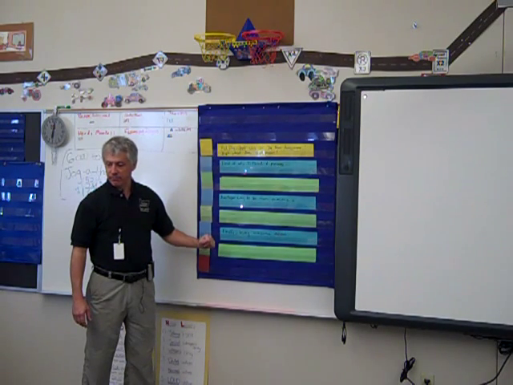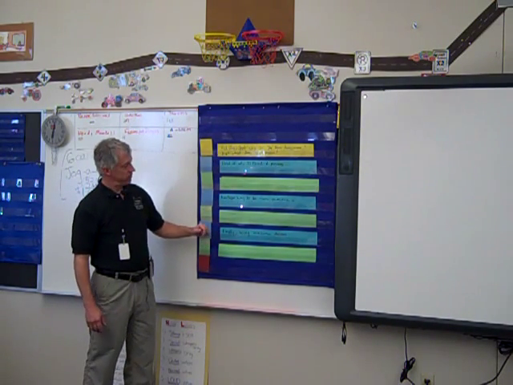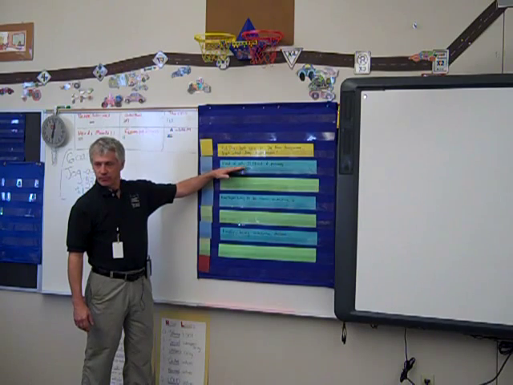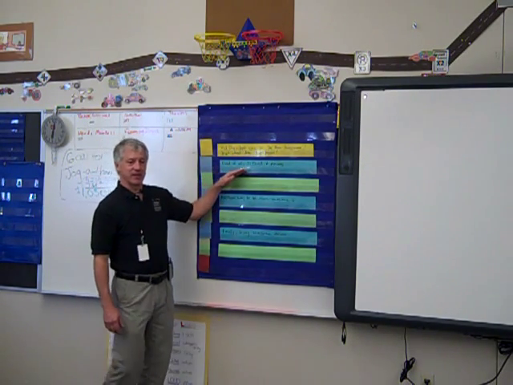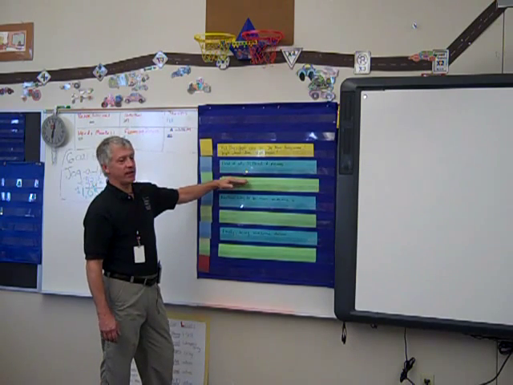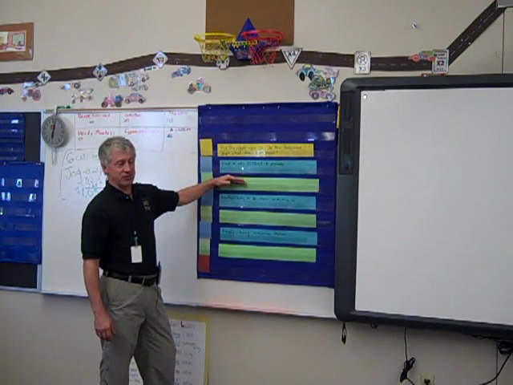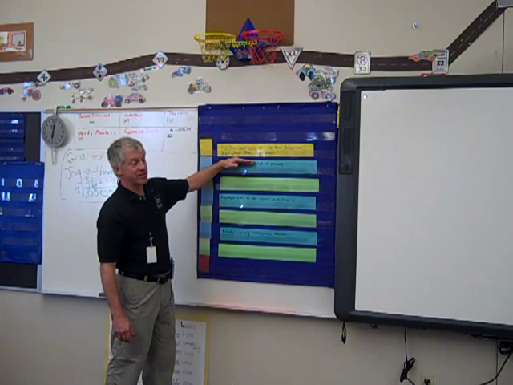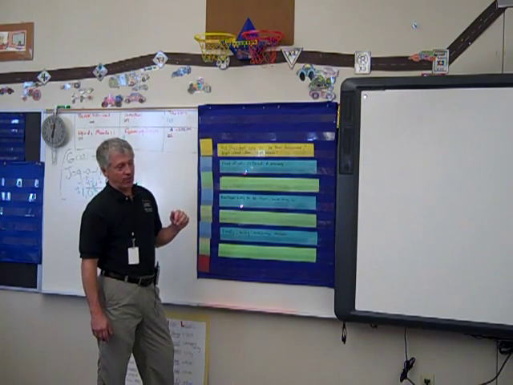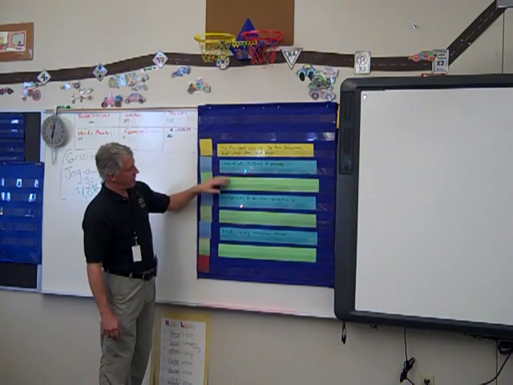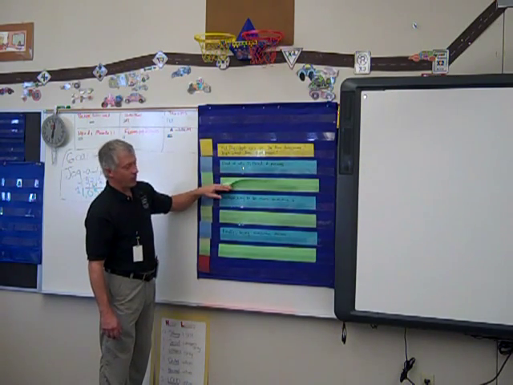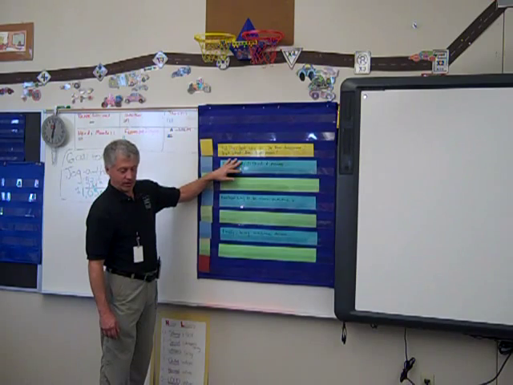What's the minimum number of detail sentences you have to have with each supporting sentence? Kira, thanks for raising your hand politely. One. The minimum is one. I'm showing it to you right here. But I'm also telling you that you can have more than one detail with each one if you want.